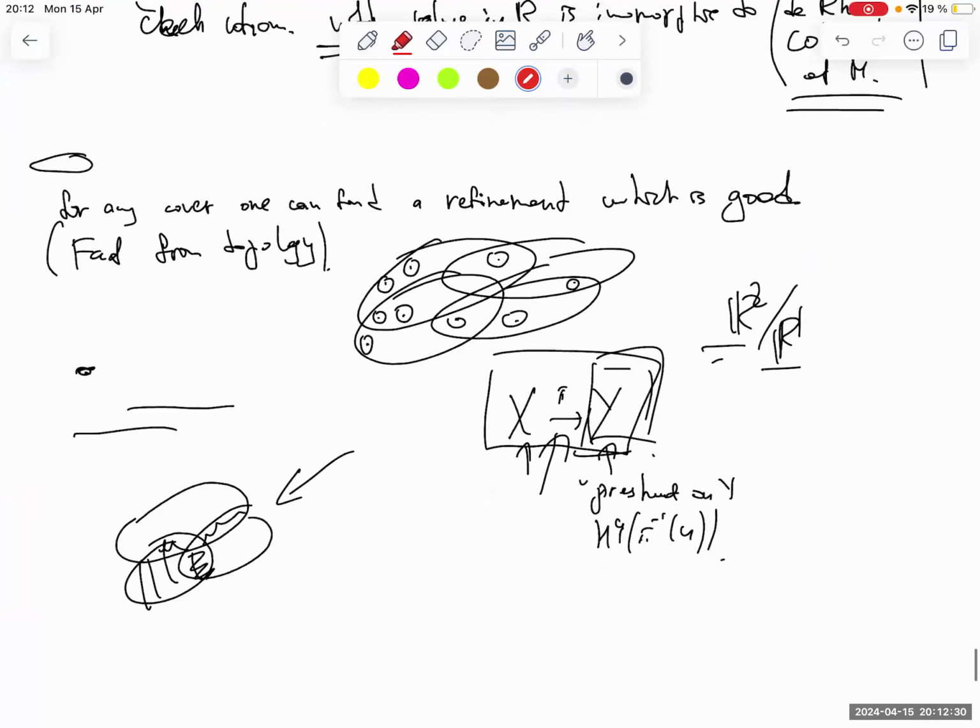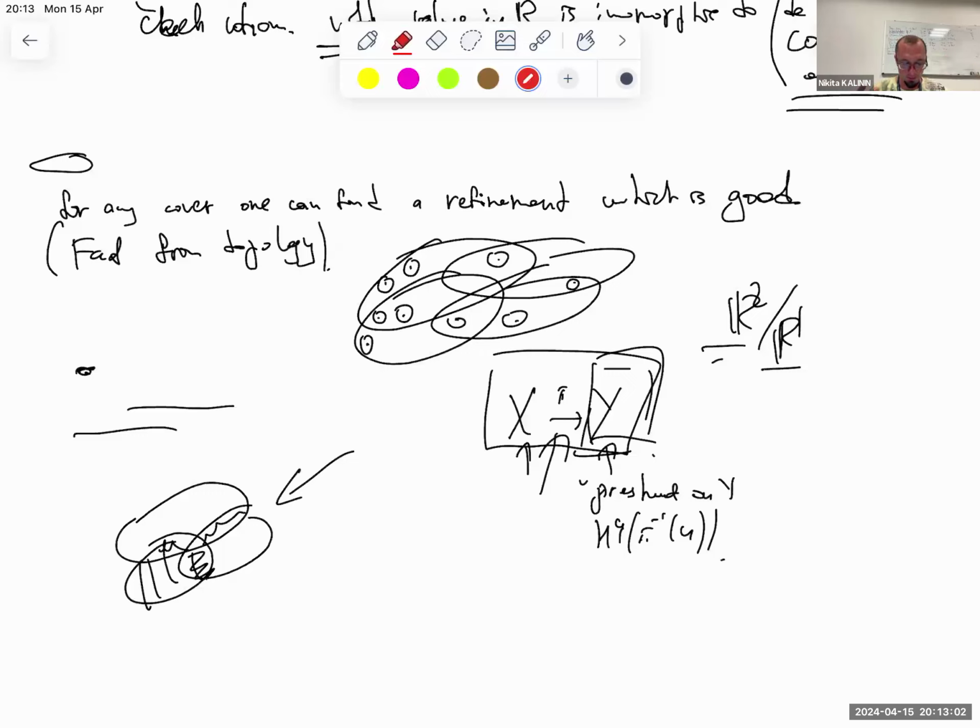Covering with coefficients, not constant coefficients but coefficients in a presheaf. Well, I guess that's true. Indeed you want to find some subset of covers which are good in some sense. For example, such covers that if you take the finite intersections, then the cohomology of all finite intersections is trivial with coefficients in a given presheaf.